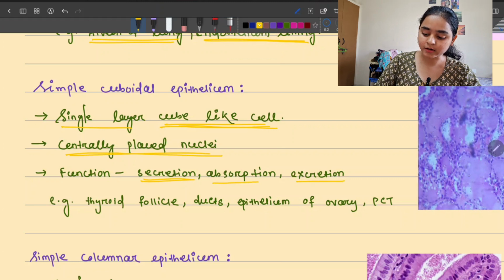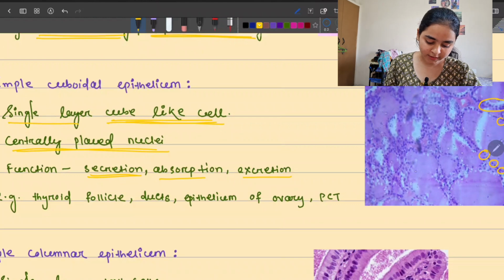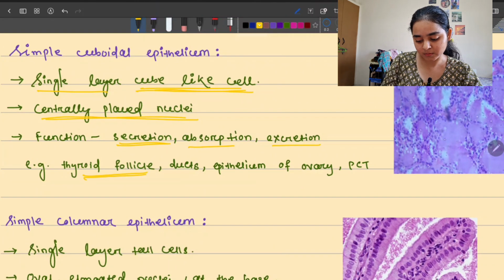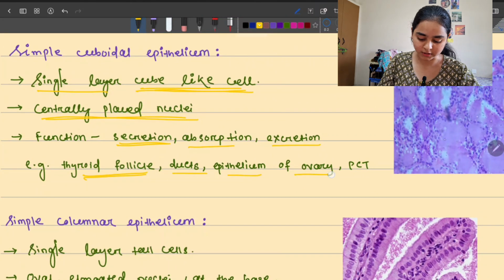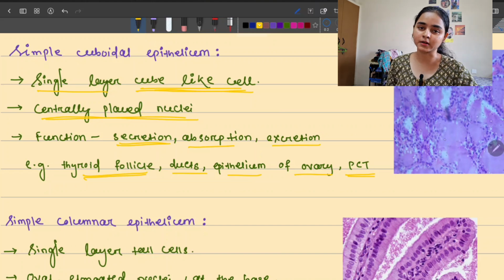So here the thyroid follicles are secreting thyroid hormone, so the lining epithelium is the cuboidal epithelium. Where can you find simple cuboidal epithelium? Thyroid follicle, as I told you, and the ducts, epithelium of ovary and proximal convoluted tubule. Where the secretion, absorption, excretion function is happening, all those places you can find simple cuboidal epithelium.